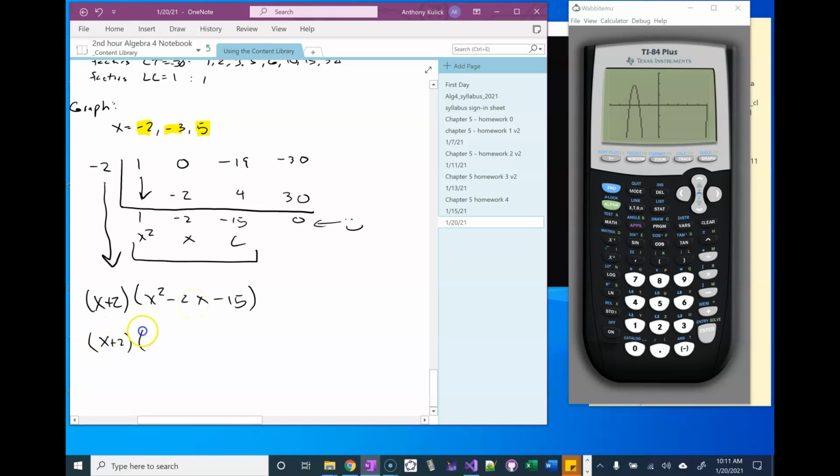That looks like a semester 1 factoring problem. Two numbers that multiply to give us -15 and add to give us -2 would be -5 and +3. And there is our fully factored form. Does that feel okay there? Okay.